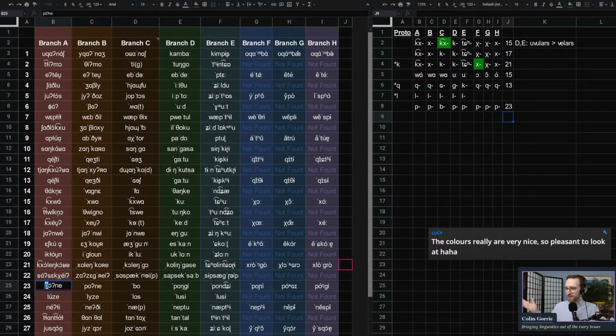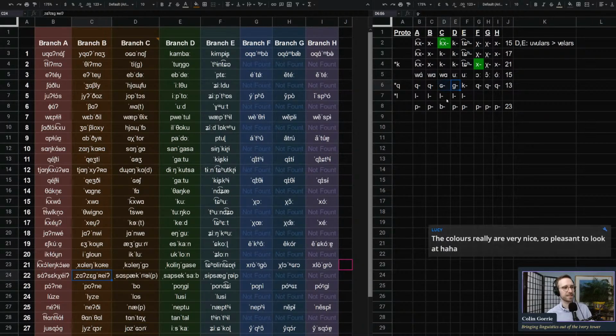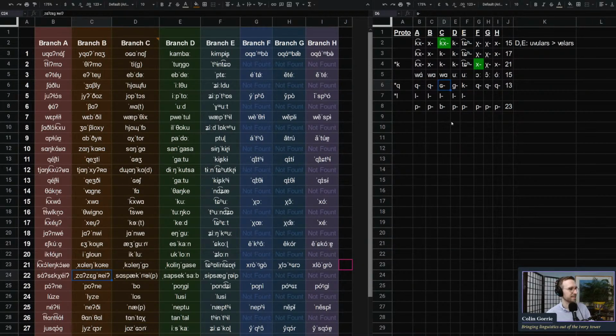Yeah, it is. It's very pretty. I like this. So we have this. And the question is, is it the same thing that's going on with the voicing in C at least? We don't have it in D. Let's see if there's another example.